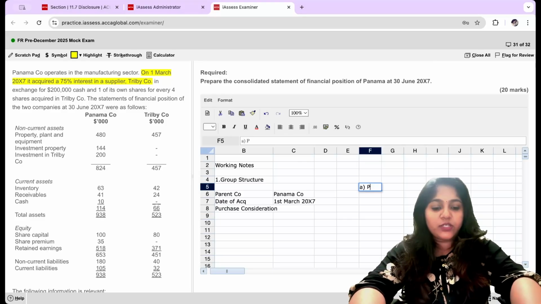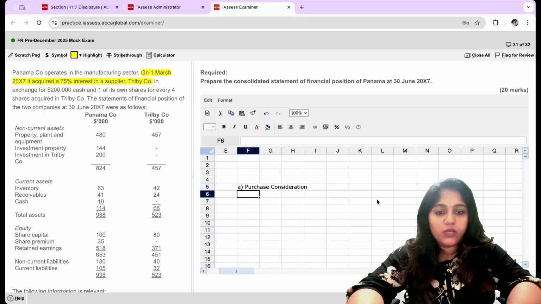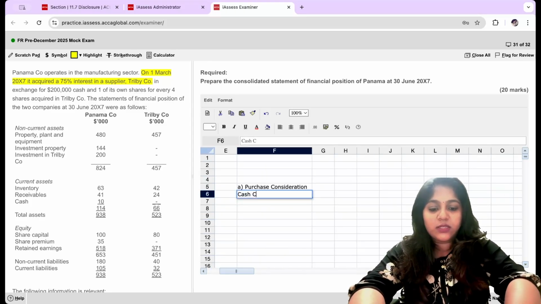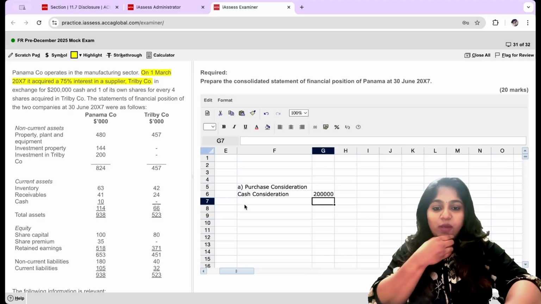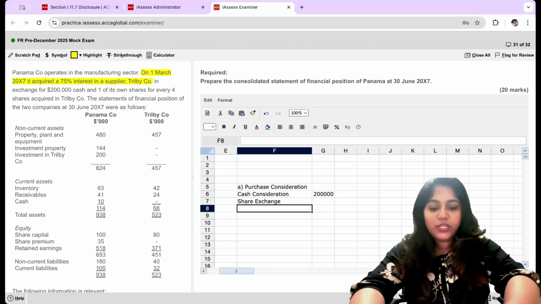You can expect two types of purchase consideration coming into the picture. One is cash consideration, which is quite simple: it is $200,000. Next you have share exchange. It clearly says I'm giving one share.